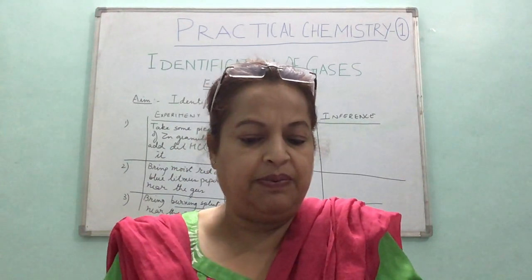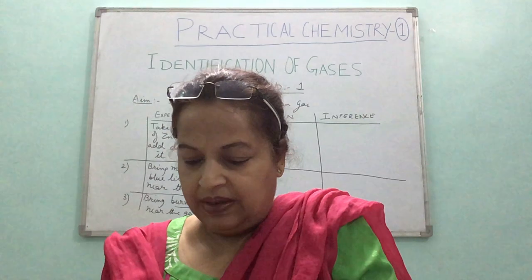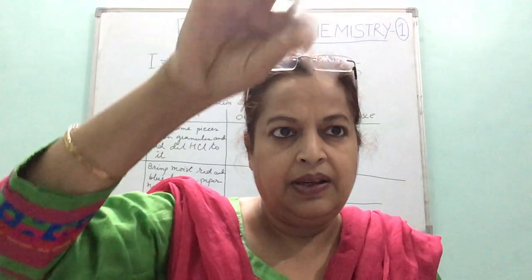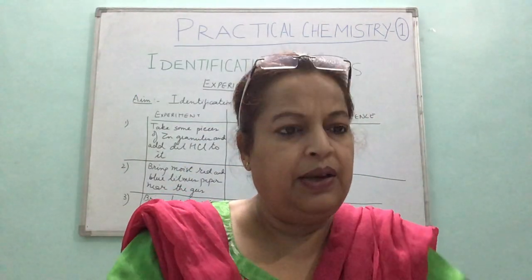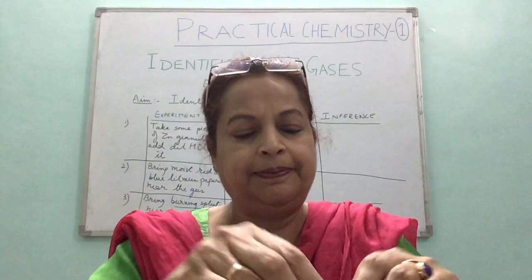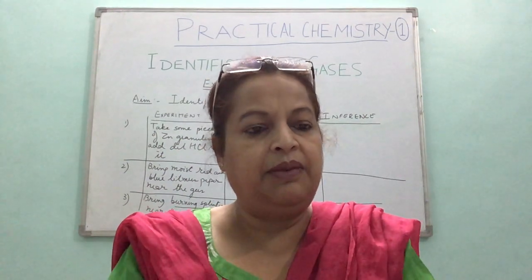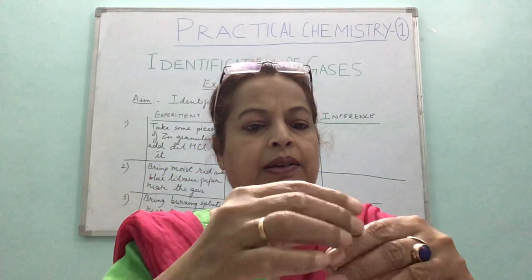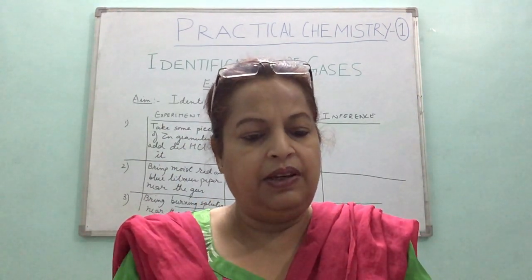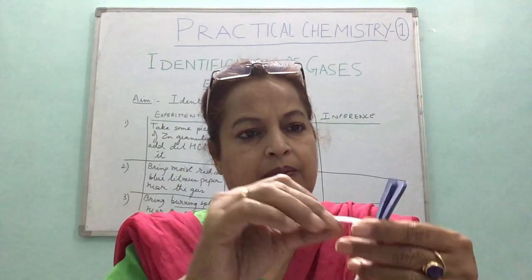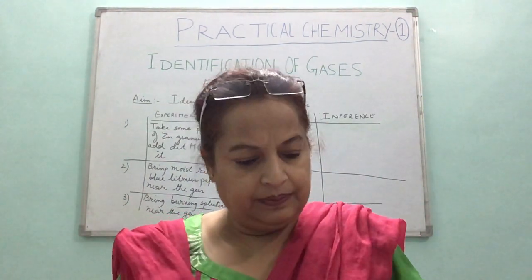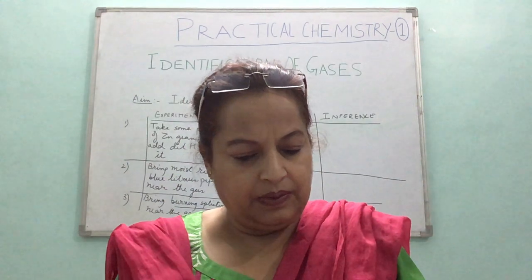So this is the litmus paper. Okay, it's crumbling. Something is the problem. Okay, I've taken this red litmus paper, and I'll also take blue litmus paper. This is blue litmus paper. We have studied red and blue litmus paper, children, and I'll just moisten it.